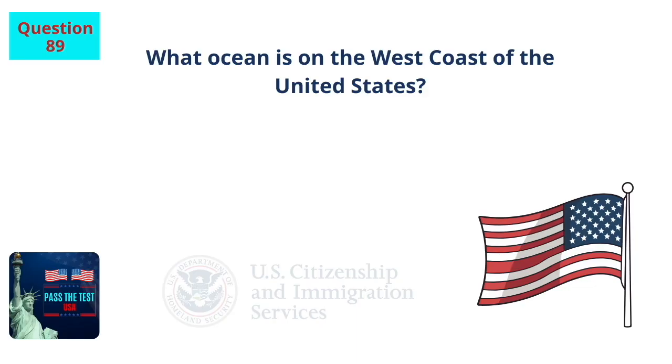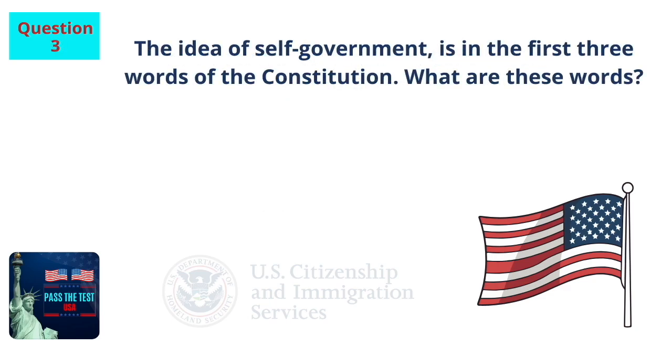What ocean is on the west coast of the United States? Pacific Ocean. The idea of self-government is in the first three words of the Constitution. What are these words?